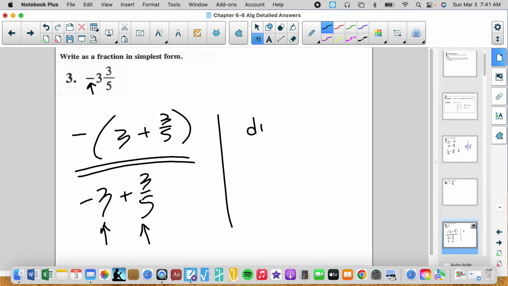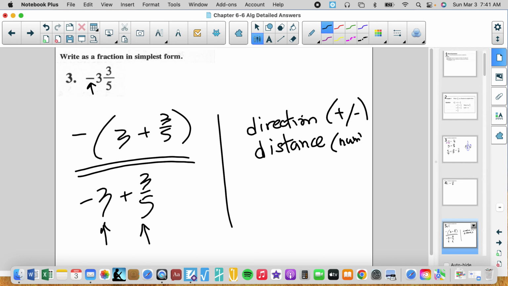They have direction and distance. So distance and direction, the negative. So the direction is positive and negative, and the distance is the number. That's how far away from 0, either left or right.